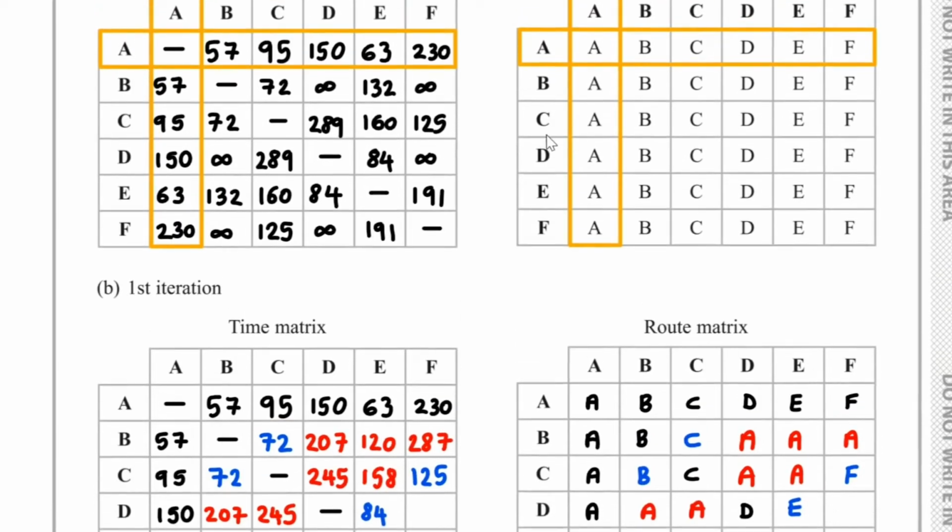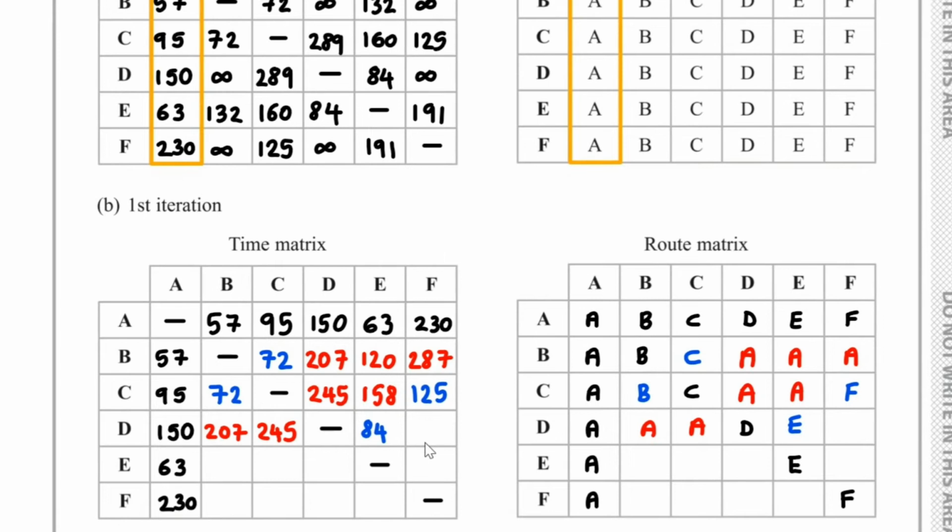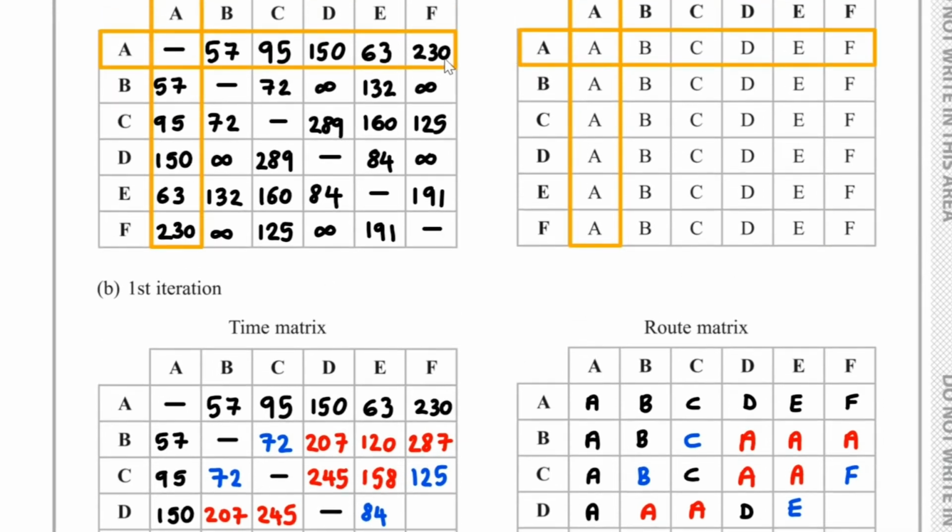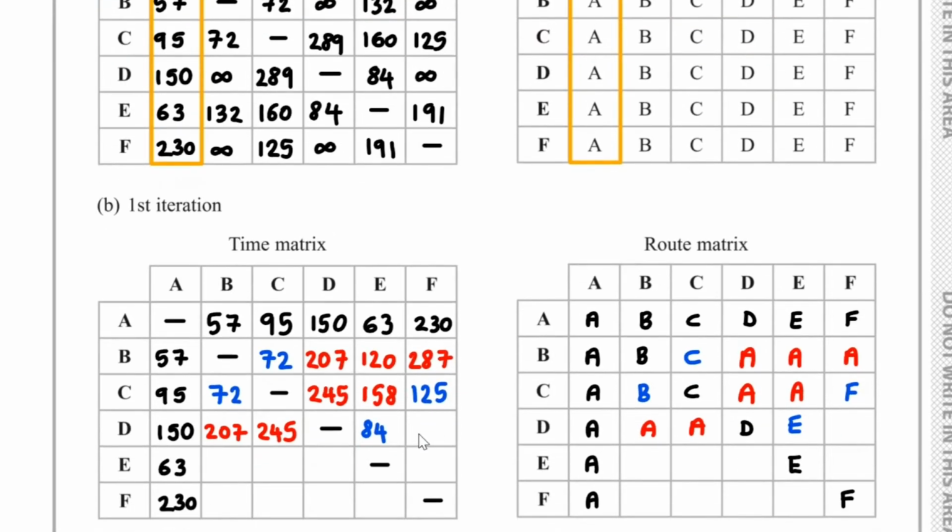Now we compare the infinity with the sum of 150 plus 230. 150 plus 230 is smaller than the infinity, so the element here will change to the sum of 150 plus 230, which is 380.